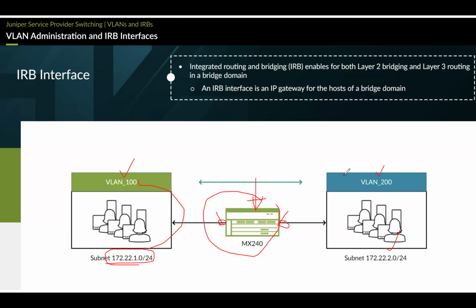So you need layer 3 interfaces. This is the solution, integrated routing and bridging, that is IRB interfaces. You configure your VLAN gateway in IRB interfaces, and a PC in one subnet will communicate with a PC in another subnet, or one VLAN PC to another VLAN PC.